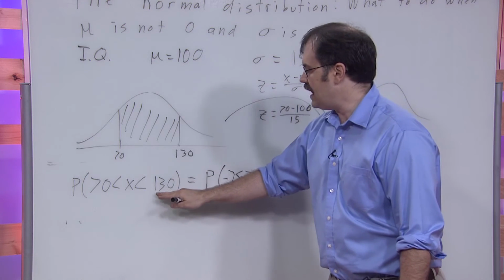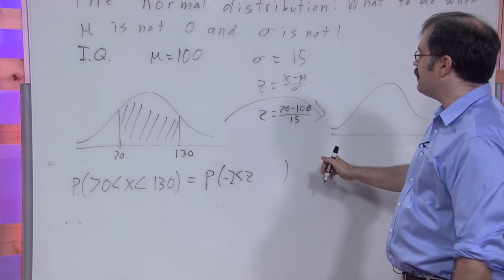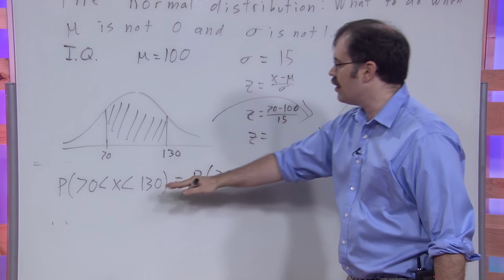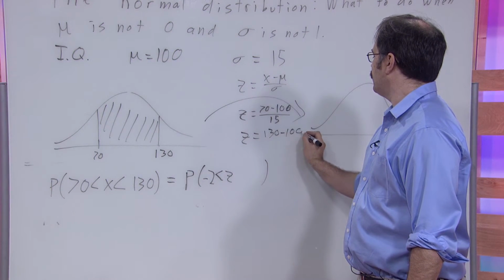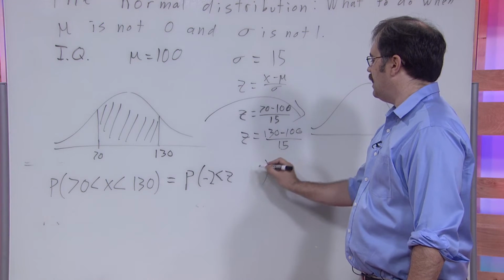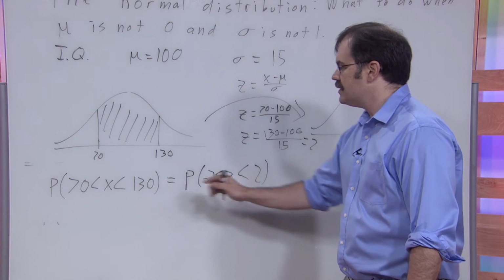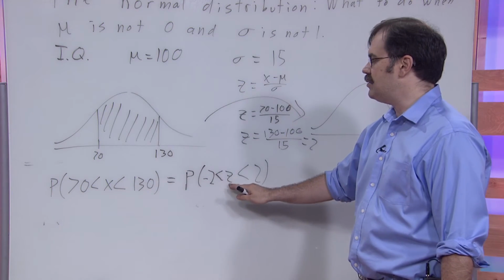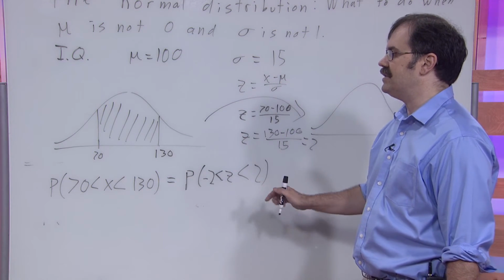Similarly, if we take 130 and plug it into this formula here for z-score, what you get is that the z-score that corresponds to 130 is 2. So the 70 gets converted to a -2, the x turns into a z, and the 130 turns into a +2.